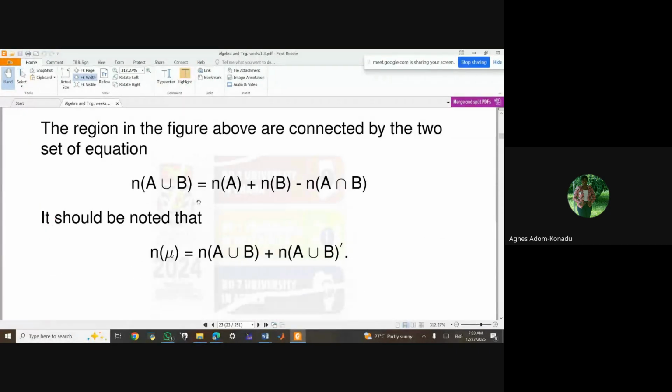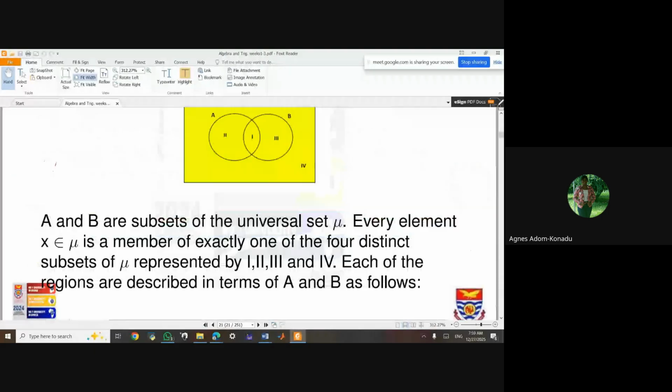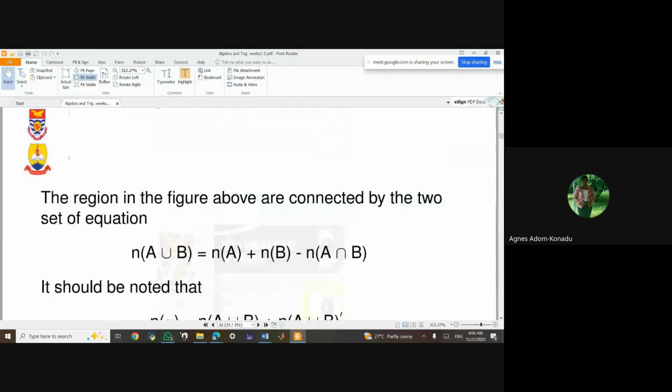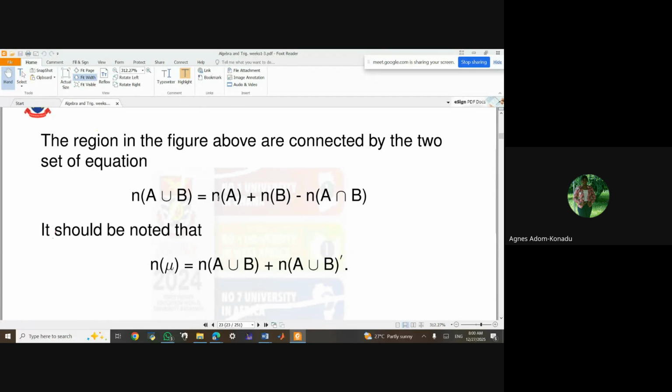Okay, so it says that the regions in the figure above are connected by two sets of equations. The number of elements in A union B is the same as the number of elements in A plus the number of elements in B minus the number of elements in the intersection.